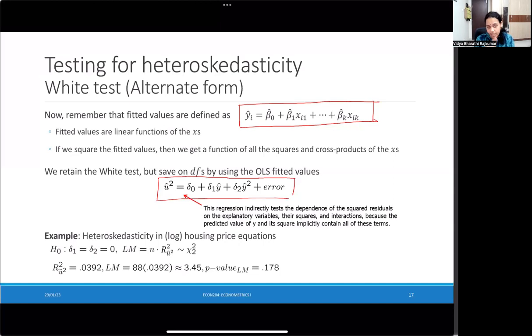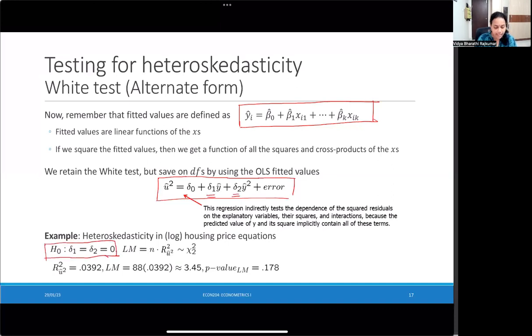But now I also save on the degrees of freedom, because I only have to estimate an intercept and two slope coefficients. So this version is just an alternate form of the White test. To test for heteroscedasticity, my null hypothesis is that u hat square doesn't depend on any x variables. So delta 1 and delta 2 are jointly 0. That will be my null hypothesis.